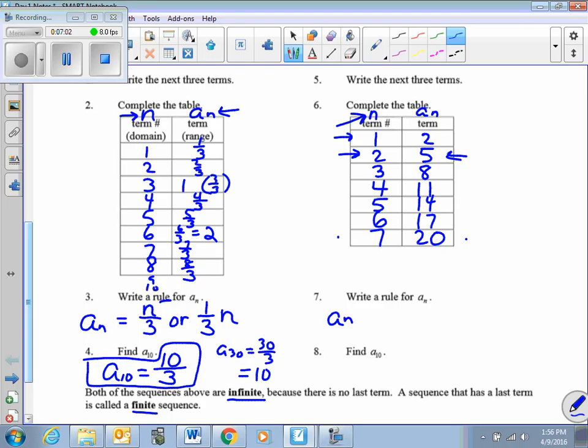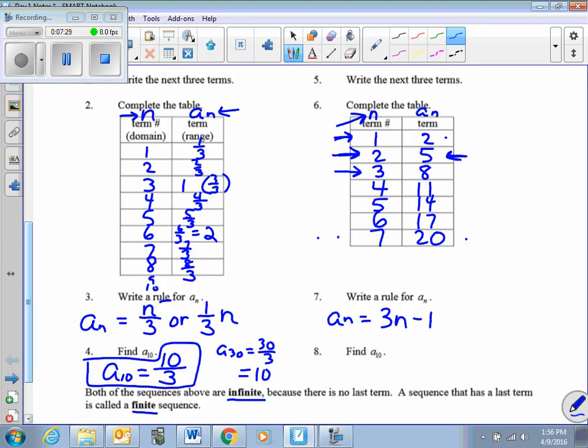So you kind of got to play around with this for a little while. And what you'll finally realize is that what if I multiplied 1 by 3? How would I get 2? I would subtract 1, right? What if I multiplied 2 by 3? I would get 6, and then if I subtracted 1, I would get 5. What if I multiplied 3 by 3 and subtracted 1, I would get 8.